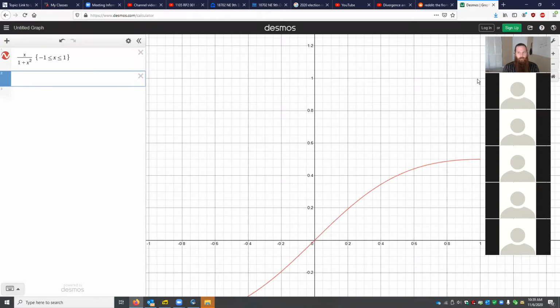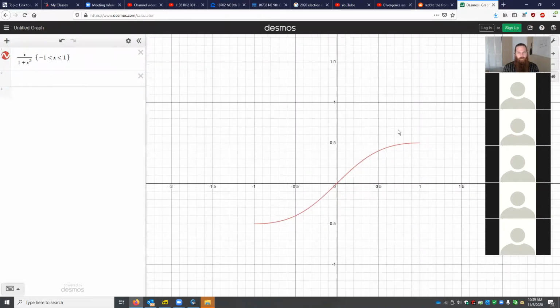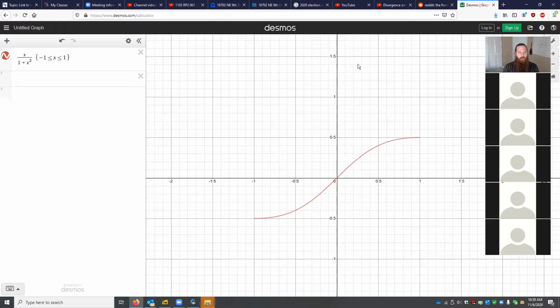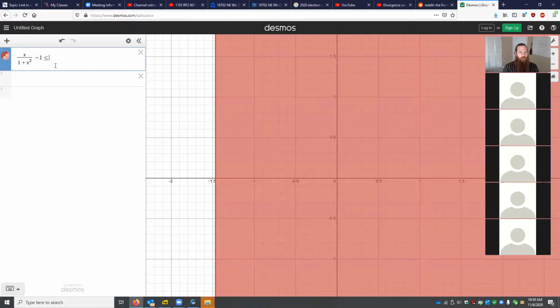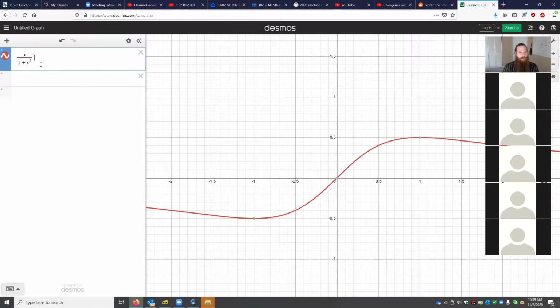I'm going to play the same game, but with the second guy. Here's the graph of x over 1 plus x squared. If I delete the domain restriction, it looks like this.